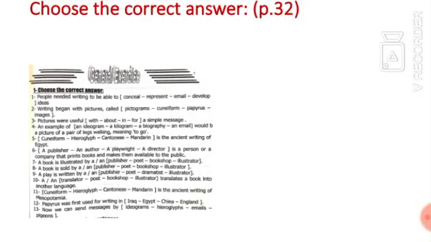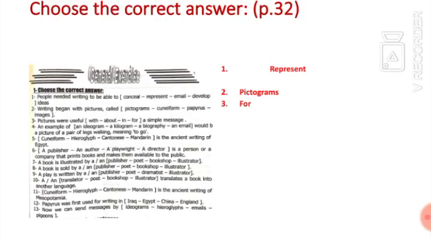Now open your booklet, page 32. Choose the correct answer. Number 1. People needed writing to be able to represent ideas. Number 2. Writing began with pictures called pictograms. Number 3. Pictures were useful for a simple message.